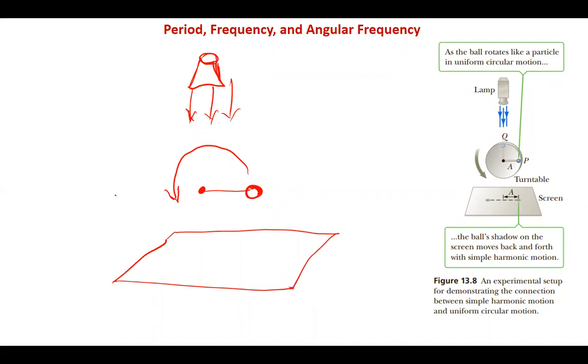As this ball is rotating, when you look at the shadow on this table from this view, it is not going to look like something that is rotating. Rather, it's going to look like something that is just going to the left and to the right, to and from this point.